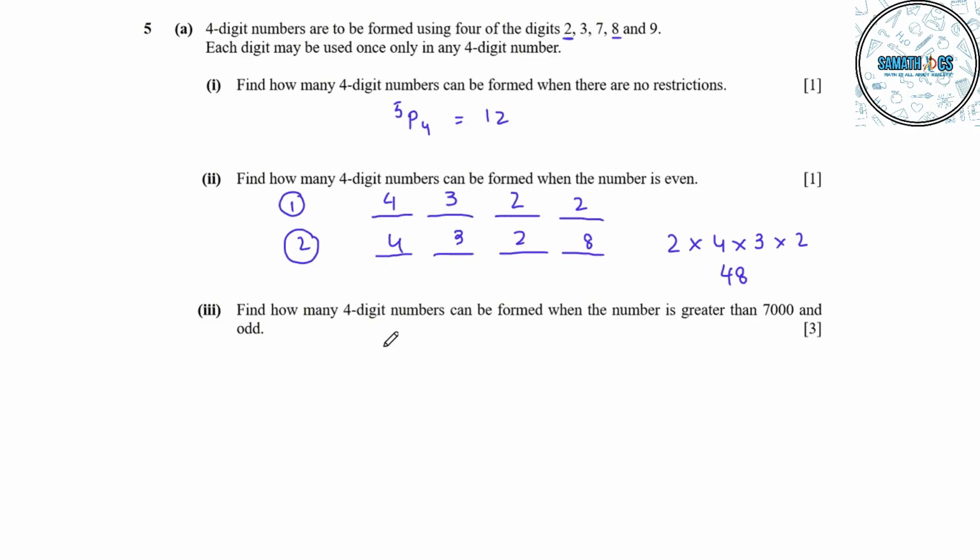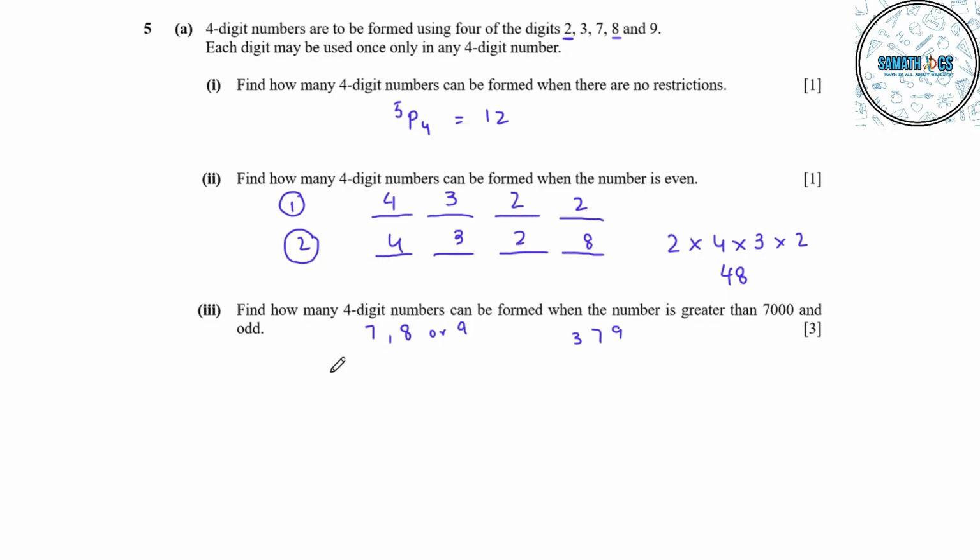Part 3, find how many 4-digit numbers can be formed when the number is greater than 7,000 and odd. If a number is greater than 7,000, then the first place can be 7, 8 or 9. And the last digit can be 3, 7, and 9.